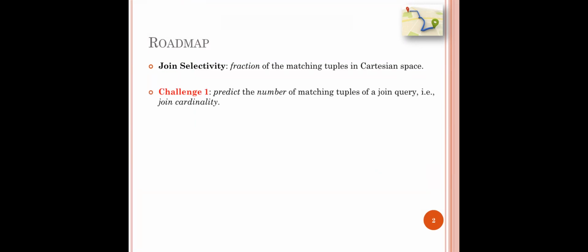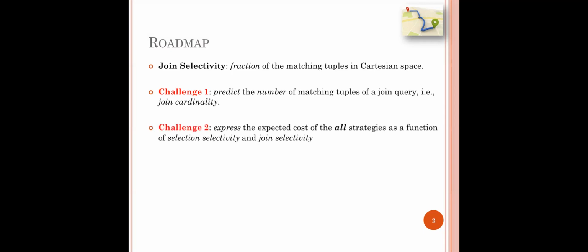We will be dealing with the first challenge, which is how to predict the number of the matching tuples in a join query. That is, how many tuples can be matched after joining two relations together, and this is called the join cardinality.